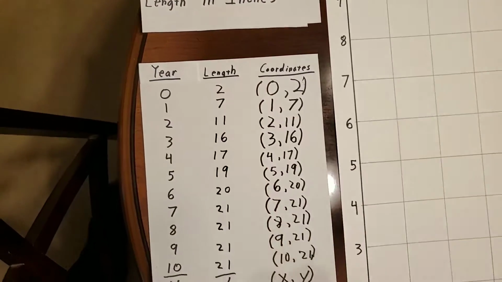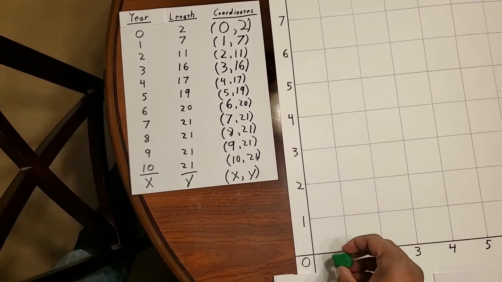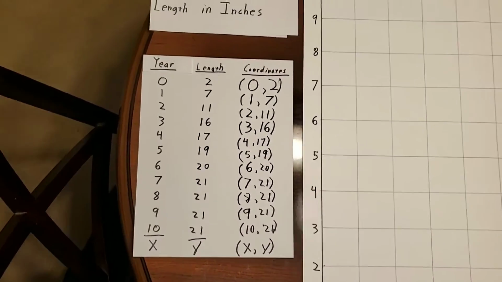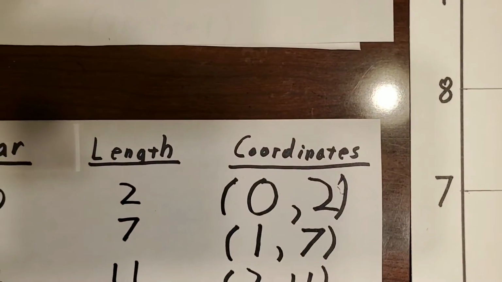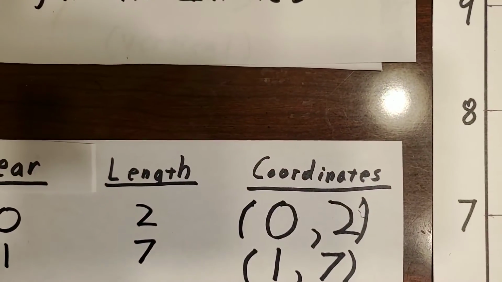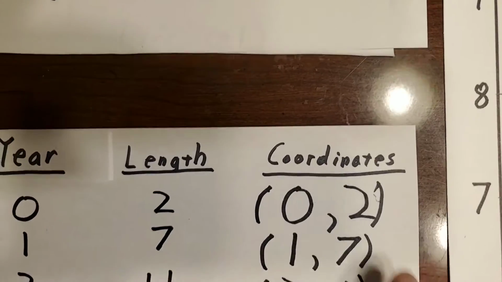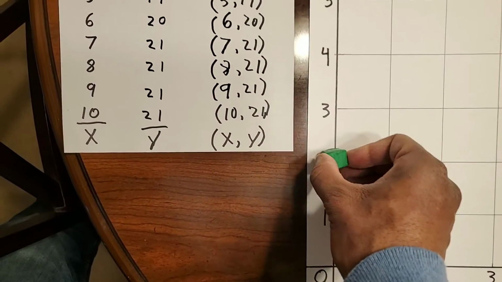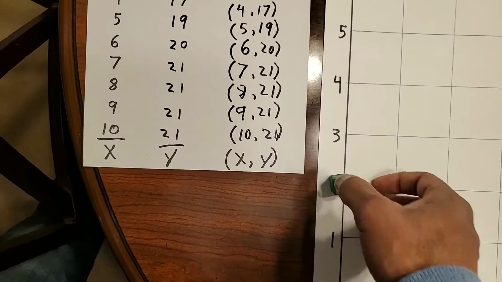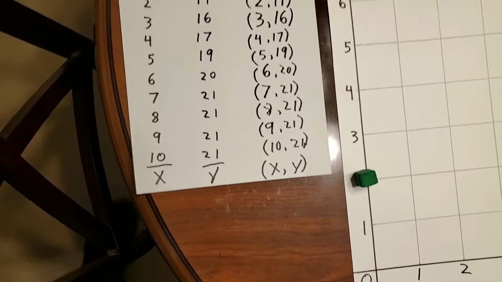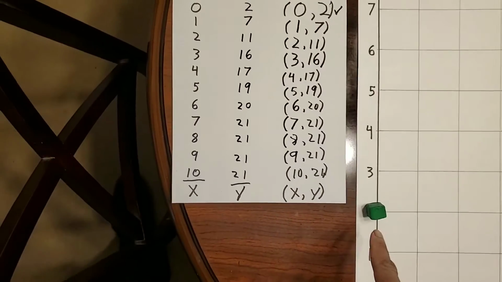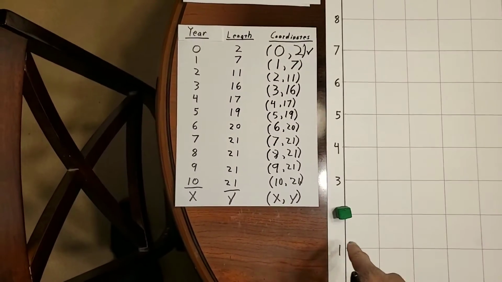Since 0 is an X, we're going to put it right here. Now, what's the Y coordinate for 0 and 2? The Y coordinate is 2, so we're going to move it up 1, 2. So now we've got this one out of the way. Let's put it in check. So this represents year 0.